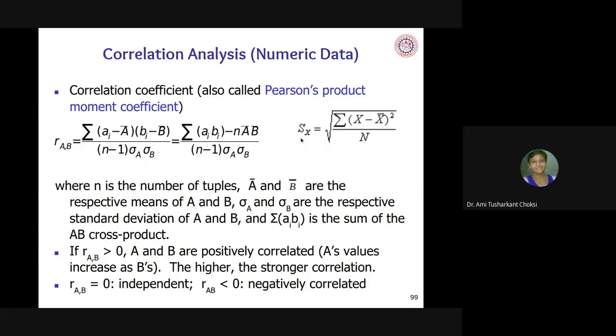And the standard deviation formula we used to say is under root of sigma (x minus x bar) whole square upon n. So what do we say about A bar and B bar? They are the mean values. Fine.